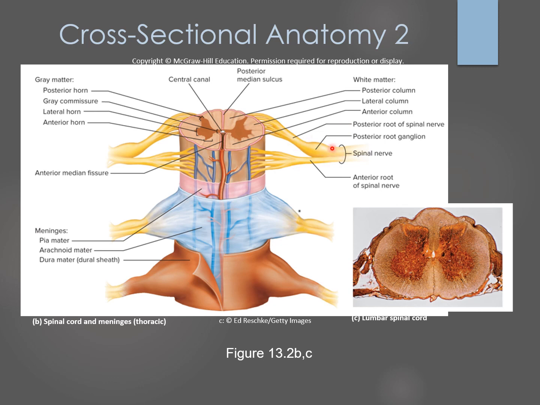The input through the dorsal or posterior root, the output through the anterior or ventral root. And where those join, where those are together, right here, is the spinal nerve. Then that spinal nerve is going to divide again very shortly, and we'll get that down the road. But that spinal nerve is really quite short.